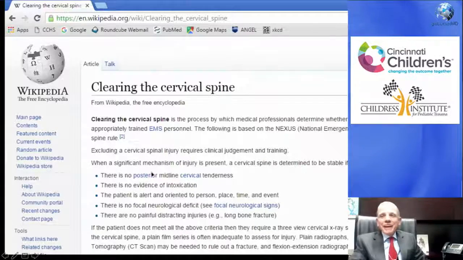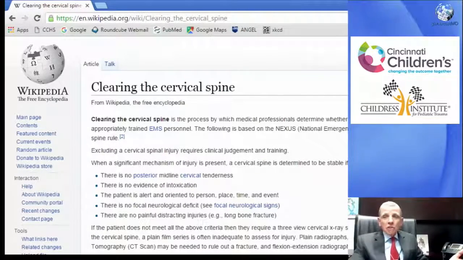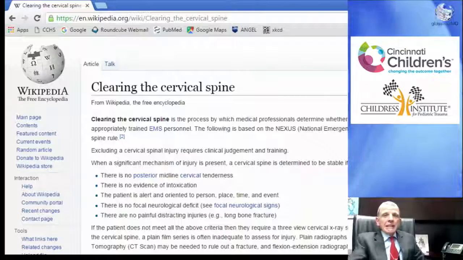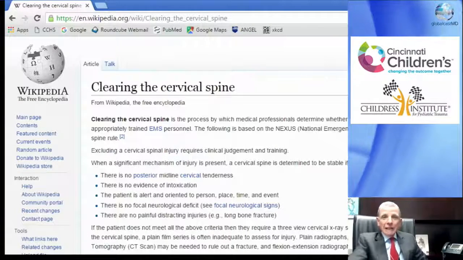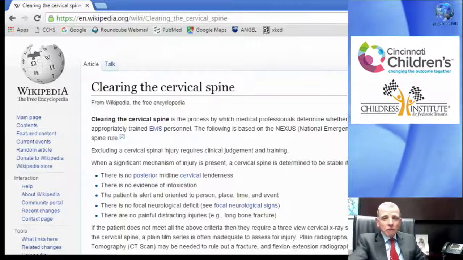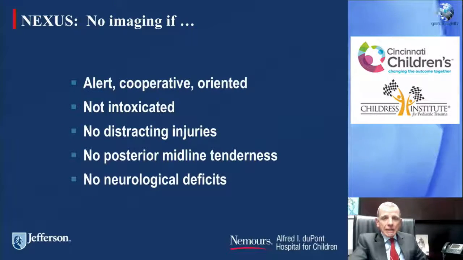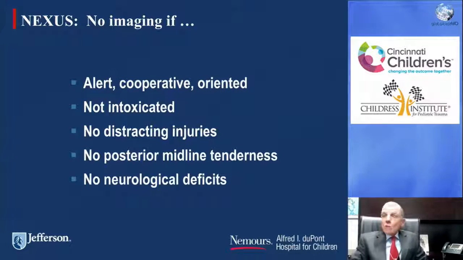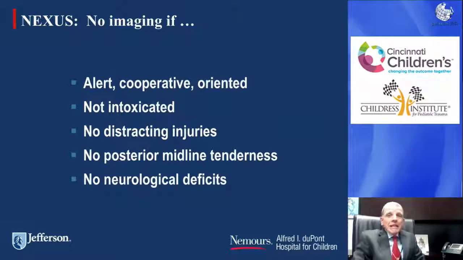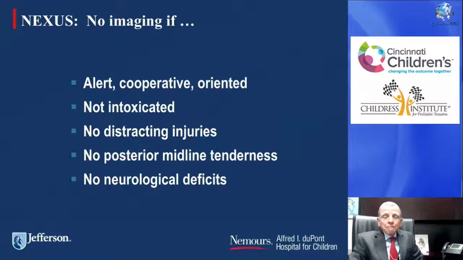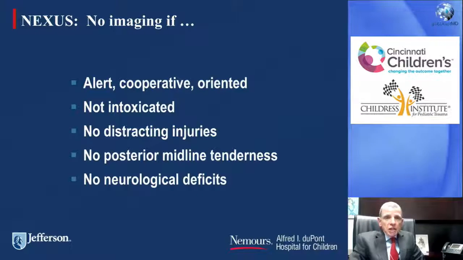So, when you want to know how to do something, you go to Wikipedia, and that's what I've done. I've checked clearing the cervical spine on Wikipedia, and Wikipedia recommends that we begin talking about NEXUS. I'm sure NEXUS is familiar to most of the audience here.